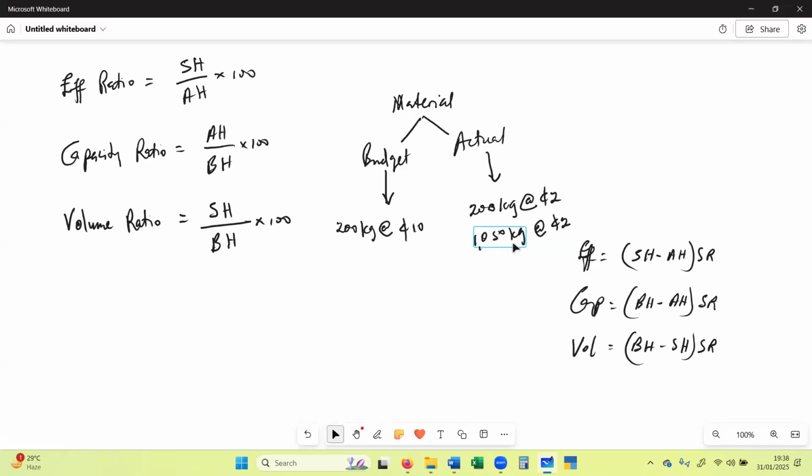Yes. So you see that when you are looking at your variances, then based on this, you also have a labor you budgeted for.